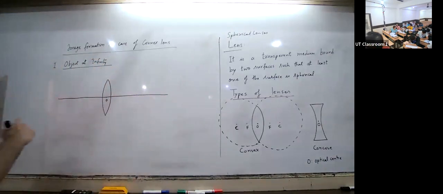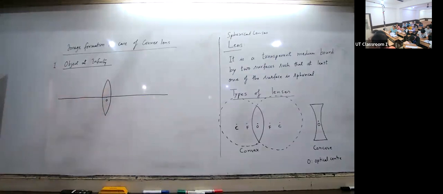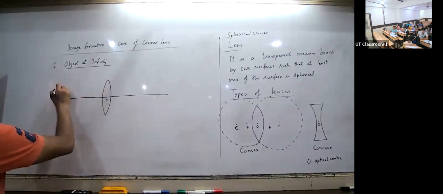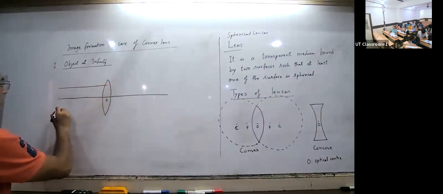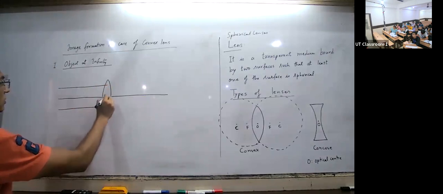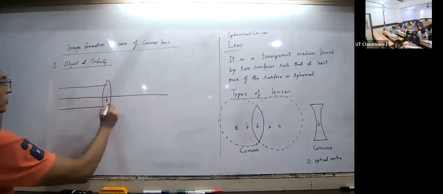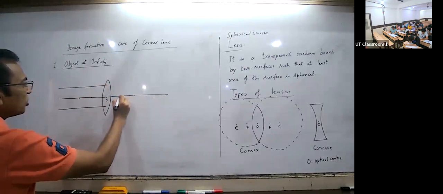The principal axis will now extend on both sides because now it is a transparent medium. So what happens when the object is at infinity? It will receive parallel rays, right? So here also you mark C and F, and C and F, same logic.